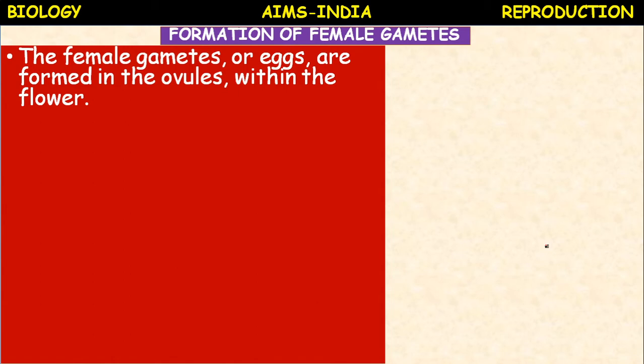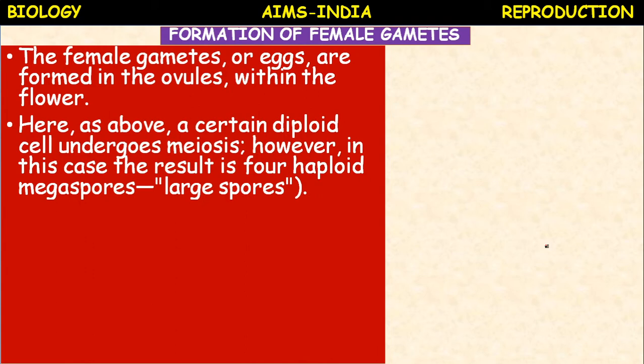An ovule is an integumented megasporangium. Microsporangium means male gametes are produced from it; here it is megasporangium. As said above, a certain diploid cell undergoes meiosis. However, in this case, the result is 4 haploid megaspores, large spores.